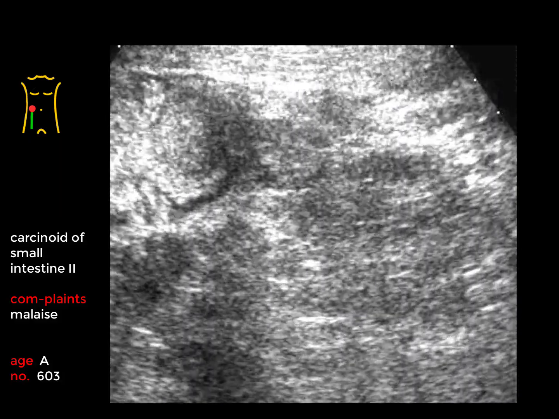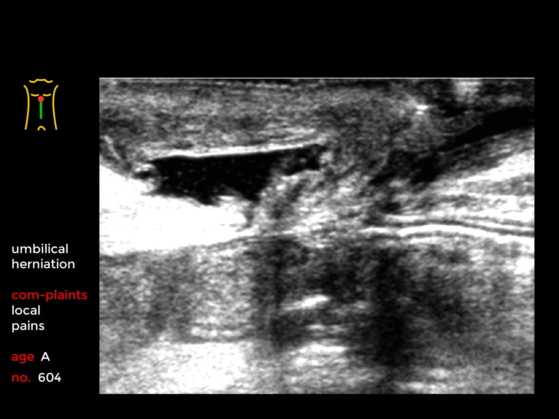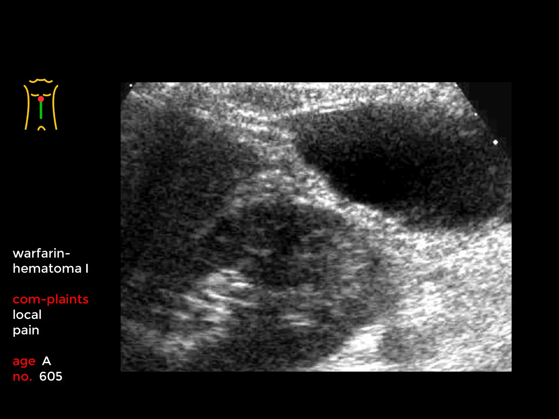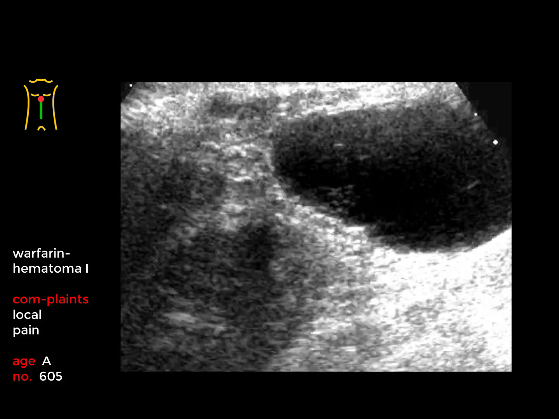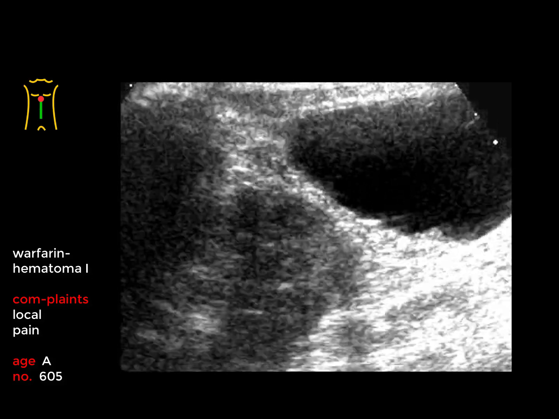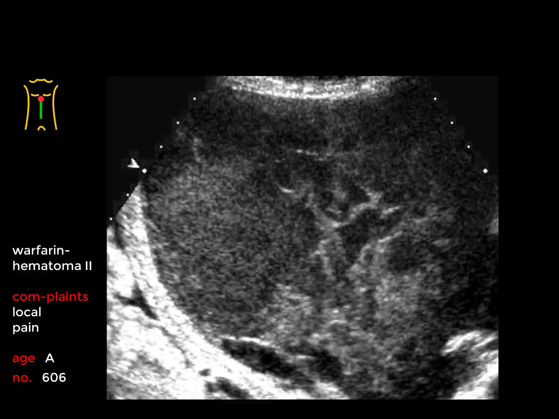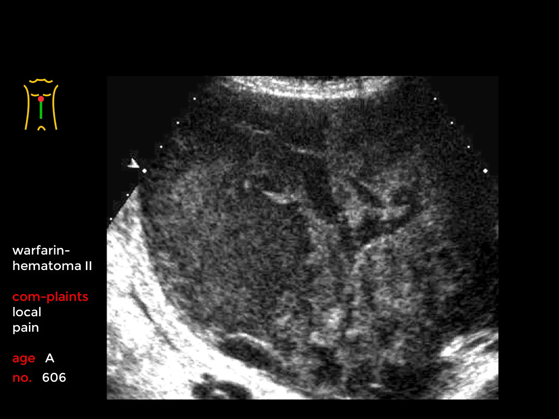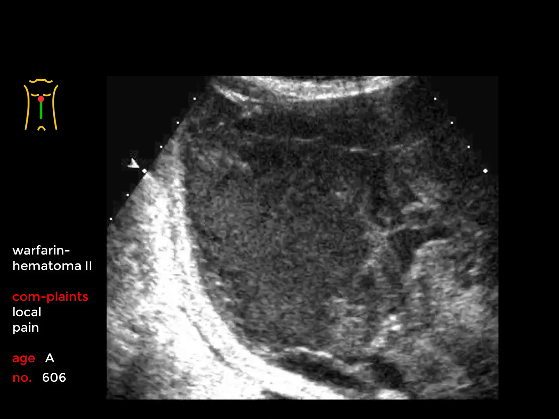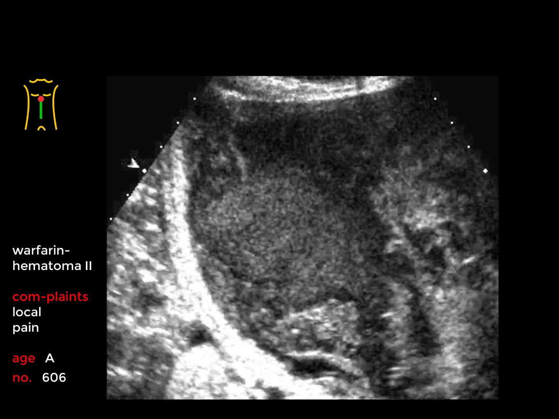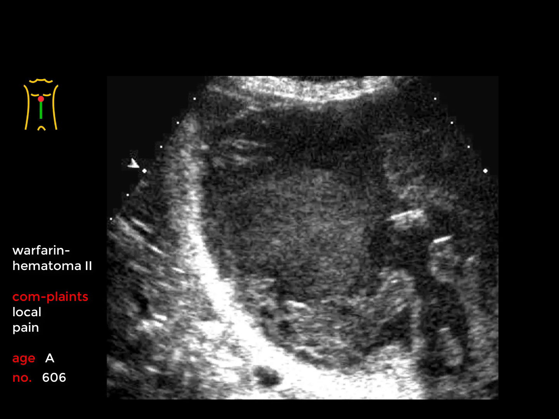In case 604, it is, however, more clinical, an umbilical herniation in its real-time echographic appearance. This differential diagnosis in 605 and 606 meets the patient group of warfarin patients. It may start dramatically, but as a rule simply waiting is the method of choice.